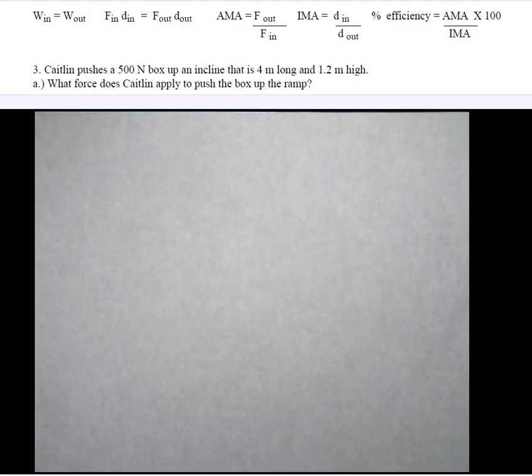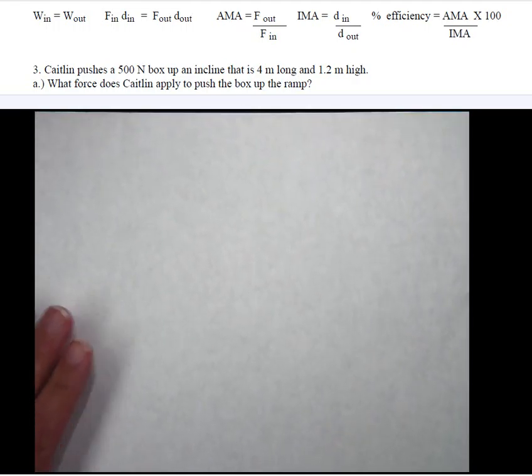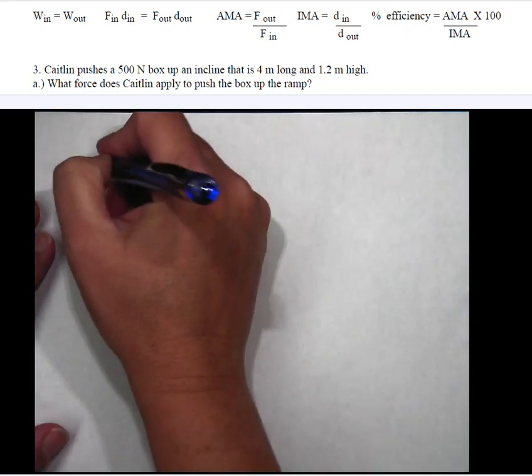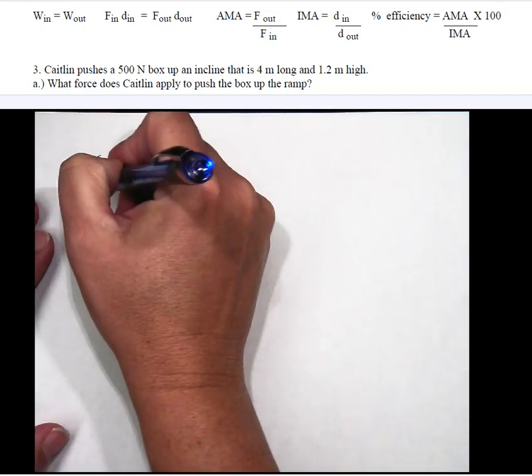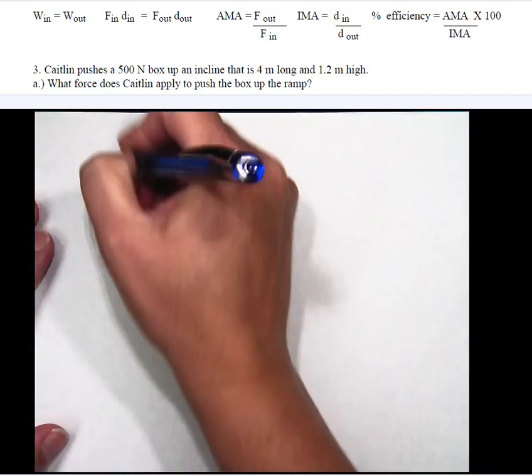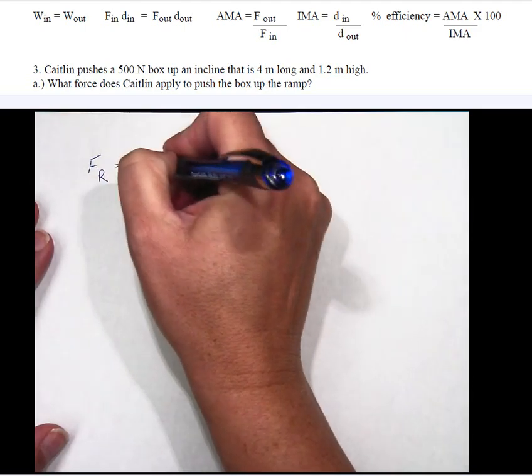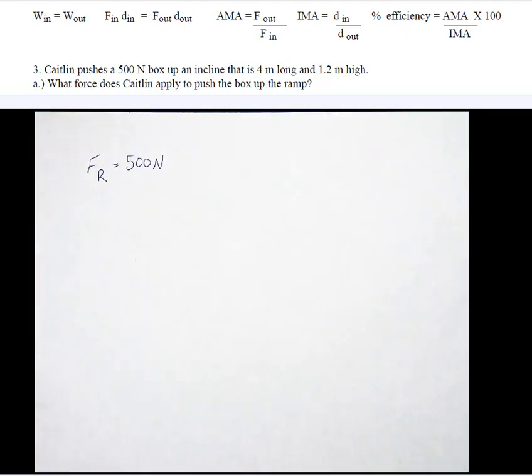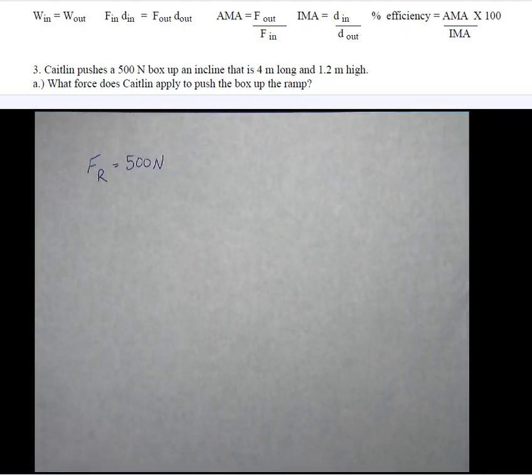Okay, so Caitlin pushes a 500 Newton box. The box is the inanimate object, the thing being pushed. So we know that our force of resistance is that box being pushed, so it's 500 newtons, up an inclined plane that is 4 meters long and 1.2 meters high.